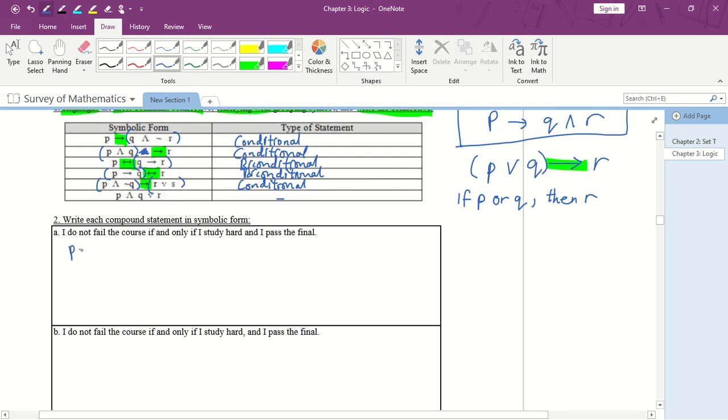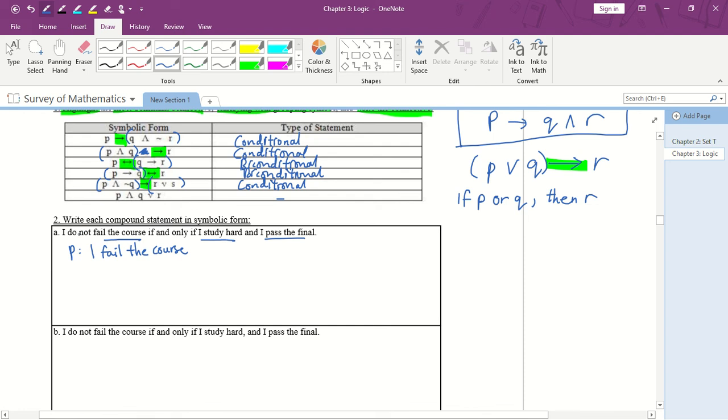P. I do not fail the course. So you can see that there's one simple statement here. I study hard. There's one simple statement here. I pass the final. There's one simple statement here. So this is a compound statement, and we need to first write down what the simple statements are. So P is I fail the course.